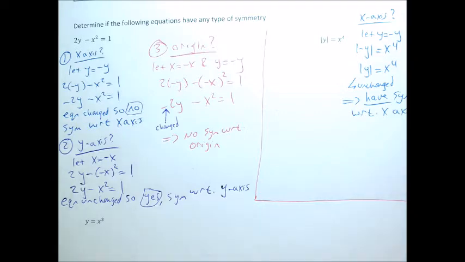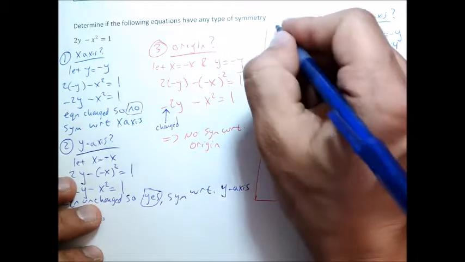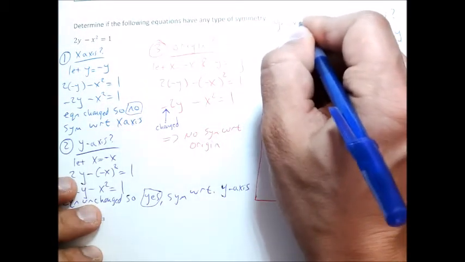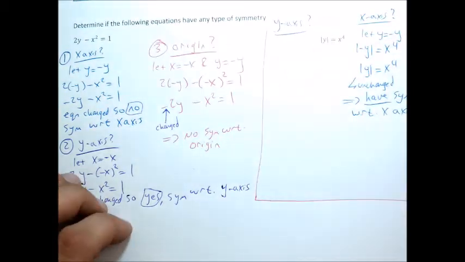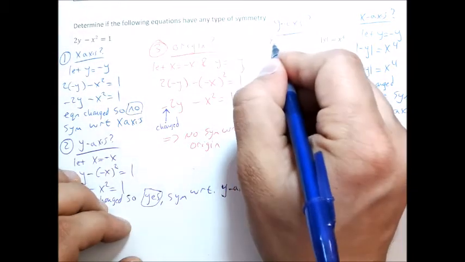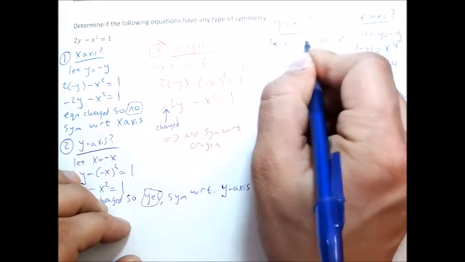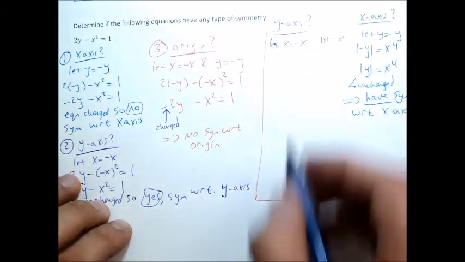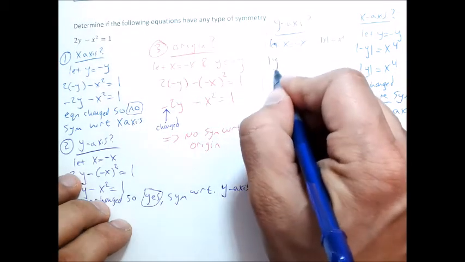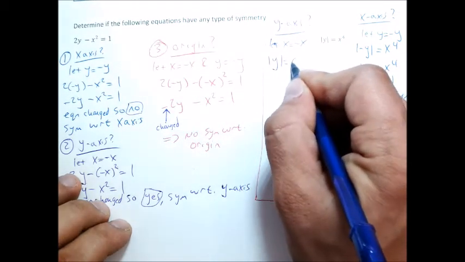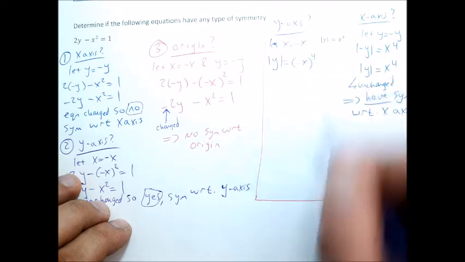What about the y-axis? So if y-axis, we do the opposite, right? So we let x equal negative x in the equation. And we'll end up with absolute value of y equals minus x to the fourth.